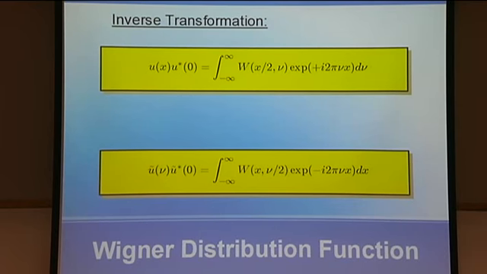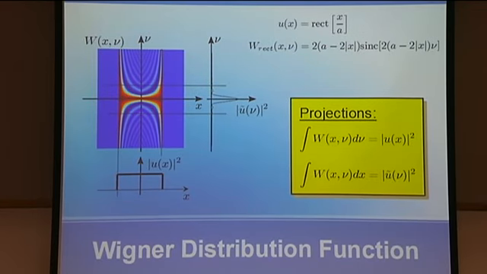It is, however, and this is also different from some alternative representations, a unique representation of our signal. We can get the signal back, except for a constant, by inverting this Fourier integral that leads to the Wigner function. We have the projection properties. So this, for instance, is the Wigner function of a rectangle. If we project this in one direction, we get our rectangle. If we project it in the other direction, we get the sinc function squared, the sinc function being the Fourier transform of this.